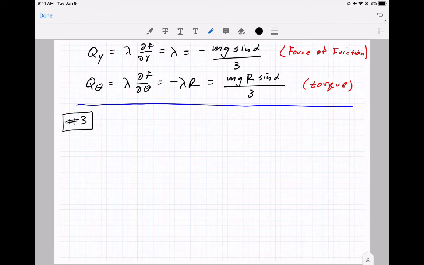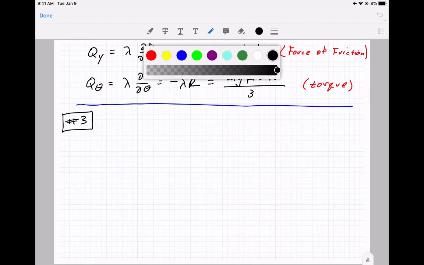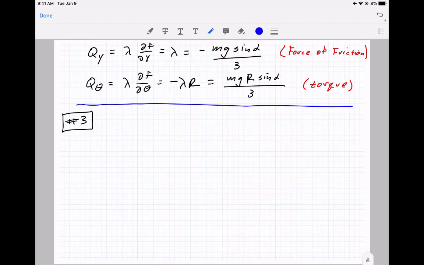So in this case, let me set this up as a massive pulley. And what I'm going to do is wrap a rope around it. So I kind of draw it like this, right?